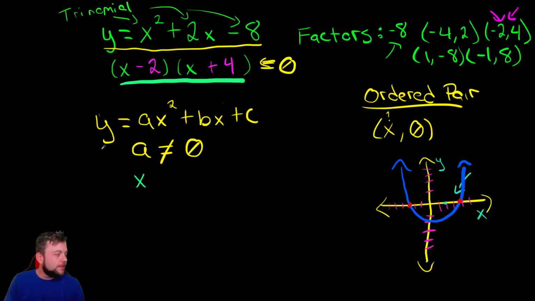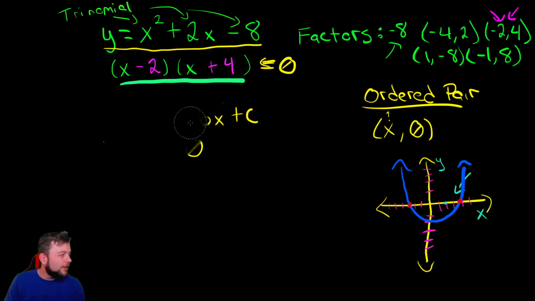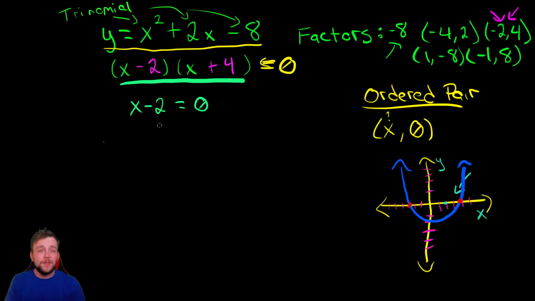And actually, let's go ahead and erase a little bit bigger. There we go. And we will go x minus 2 equals 0. And then we will give ourselves just a little bit of space. So we have x plus 4 equals 0. Okay? And how do we solve these single-step equations?